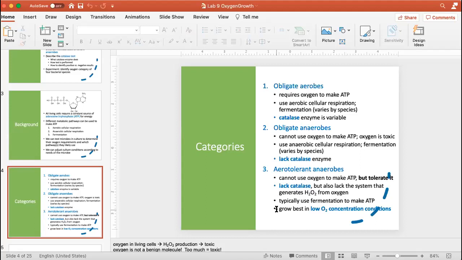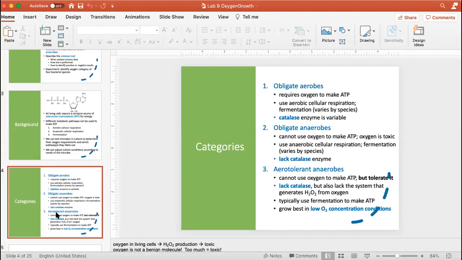Now, here's an important point to know about aerotolerant anaerobes. They're going to grow best in low concentrations of oxygen. Now, that might seem very strange because they're not using the oxygen to make ATP. So why in the world do they grow best in low oxygen concentrations? That's not something I can explain chemically to you.